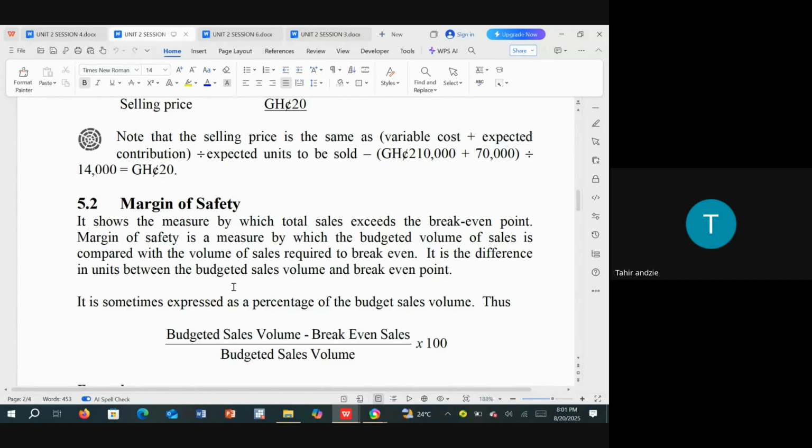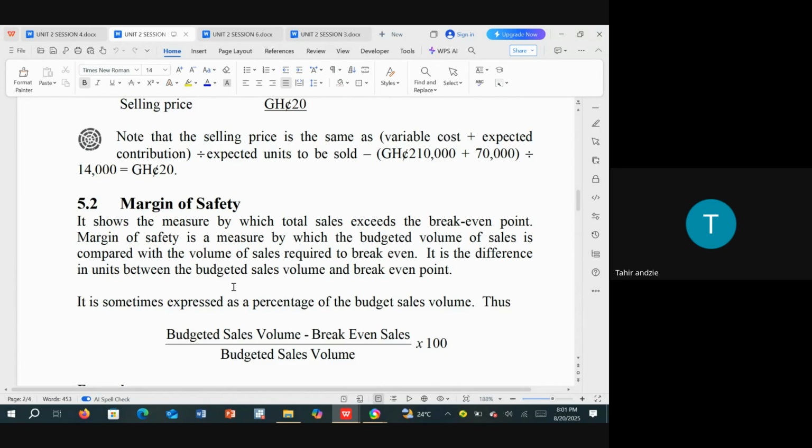So we are saying that it shows the measure by which total sales exceed the break-even point. Margin of safety is a measure by which the budgeted volume of sales is compared with the volume of sales required to break even. So it is a difference in units between the budgeted sales volume and the break-even point.